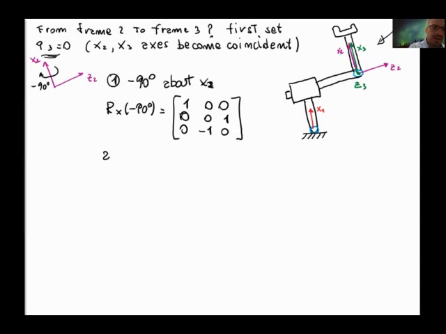Then we apply the rotation due to the joint. Sorry, this is theta 3, to avoid confusion. And this rotation is around the z3 axis.